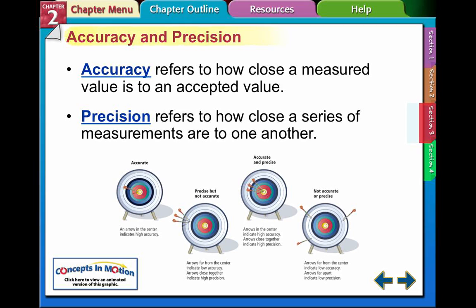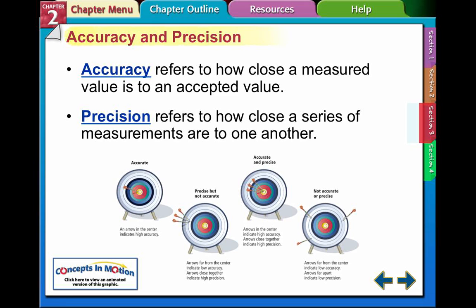So accuracy refers to how close a measured value is to an accepted value. Precision refers to how close a series of measurements are to one another. You can relate both of these terms to these bullseyes. When you're shooting a target, you want to get in the yellow, in the middle, and if you do, you are very accurate.